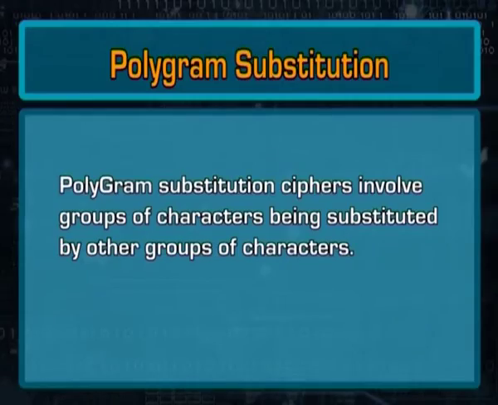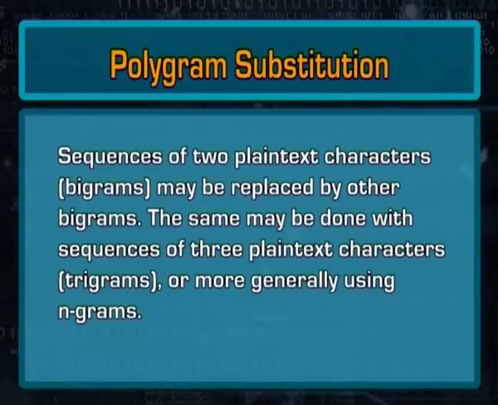Polygram substitution ciphers involve groups of characters being substituted by other groups of characters. Sequences of two plain text characters, also known as bigrams, may be replaced by other bigrams. The same may be done with sequences of 3 plain text characters, known as trigrams, or more generally using n-grams.